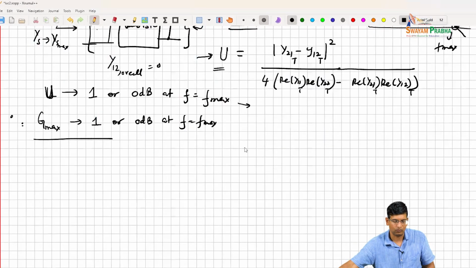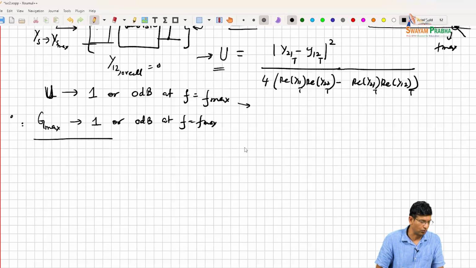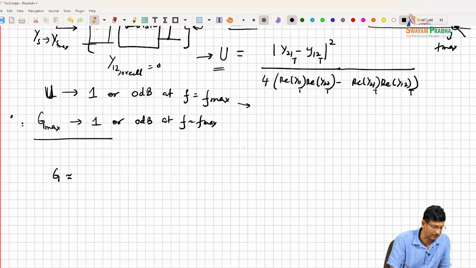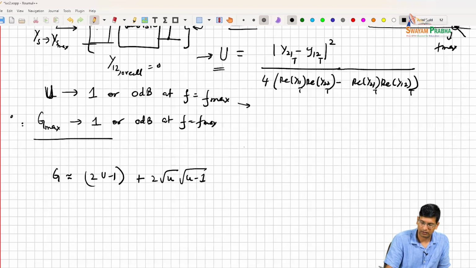I guess what you basically can show is that the gain looks something like this. It is 2u minus 1 plus 2 times square root of u minus 1, right? If I've gotten that right.